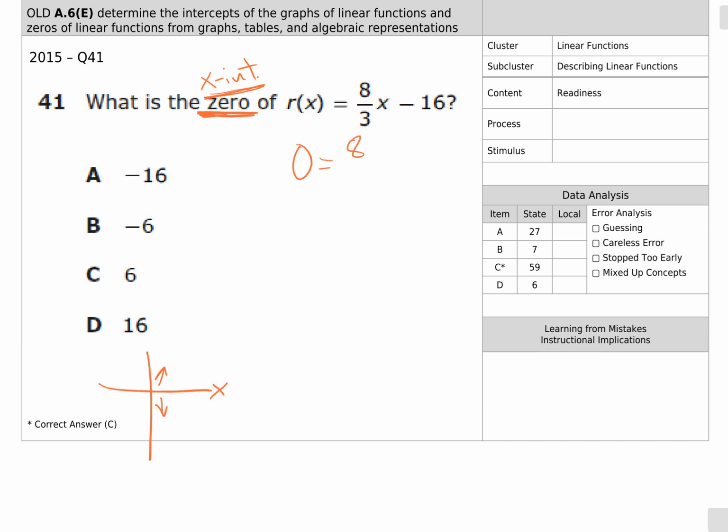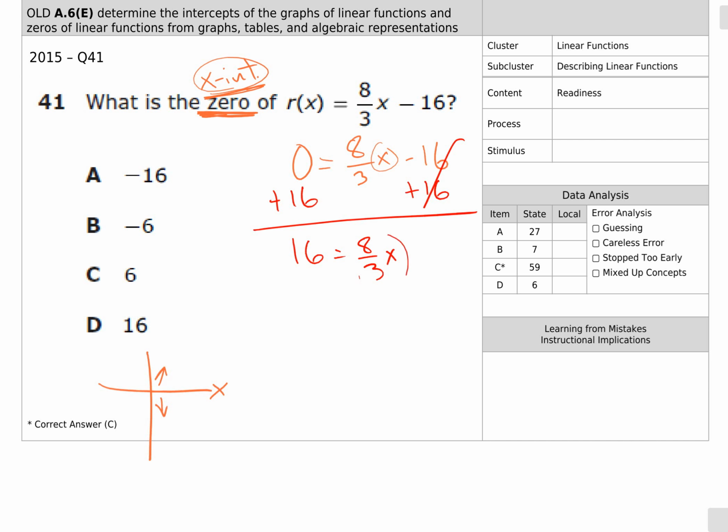0 is equal to 8/3 x minus 16. And now we're wondering what the x-intercept is, the x, so we're going to solve for it. To get rid of that 16, we're going to add 16, add 16. 16 is equal to 8/3 x. We need to get rid of that 3.